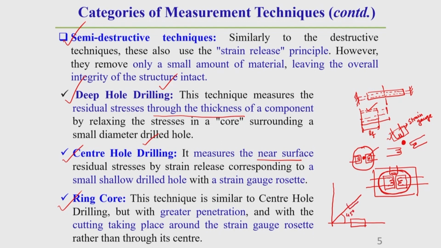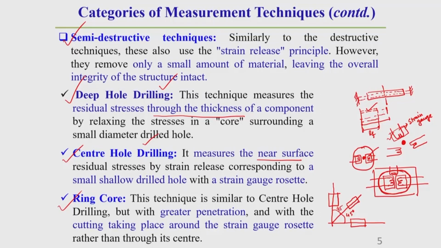Three strain gauges are generally used in a strain gauge rosette, because with these 3 strain gauges we can easily measure the principal strain and principal stress in detail. As the gauges are placed 45 degrees apart from each other, it is called a 45-degree strain gauge rosette.